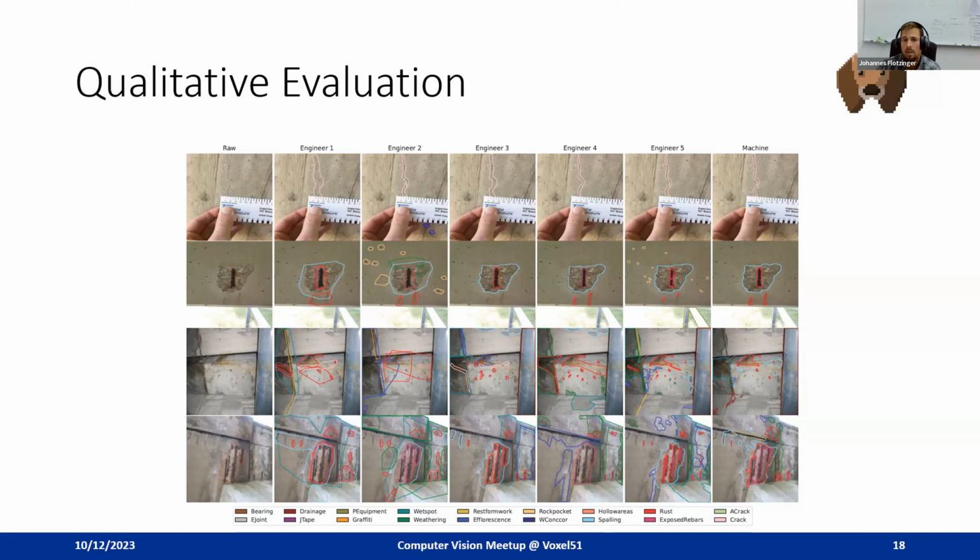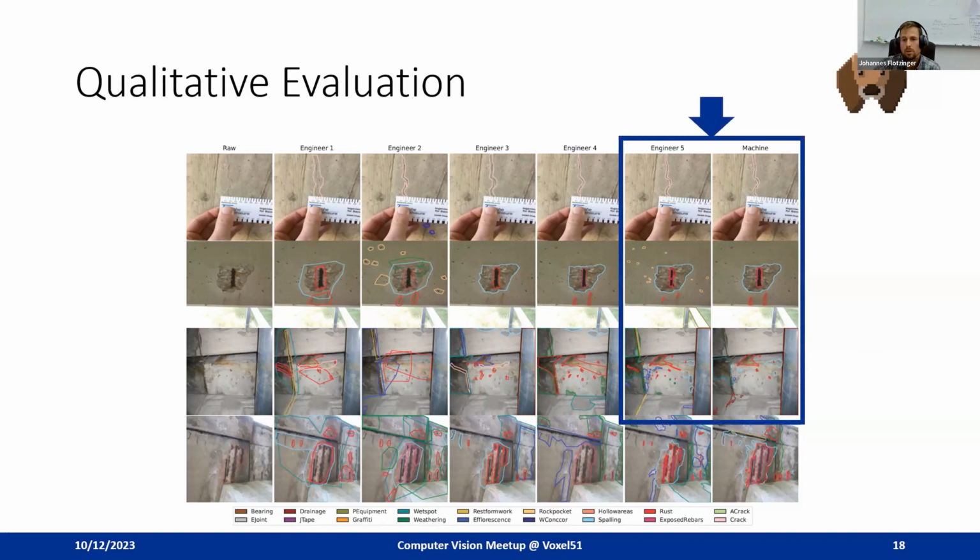We told them to annotate the images with the same granularity they would expect a software to highlight the defects for them, which is the practical evaluation, especially useful for practitioners, as already said. And it's the comparison of the model's performance with the engineer's expectation.